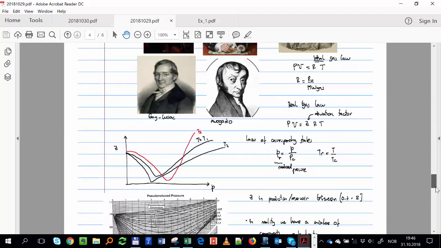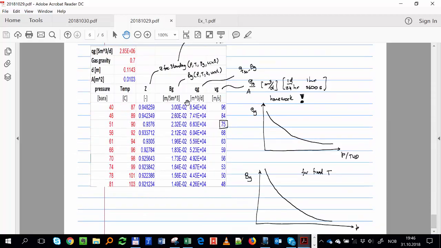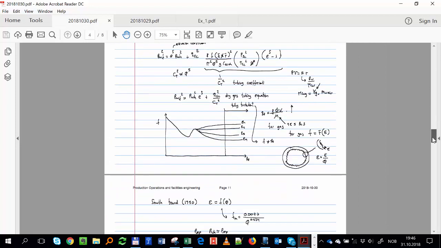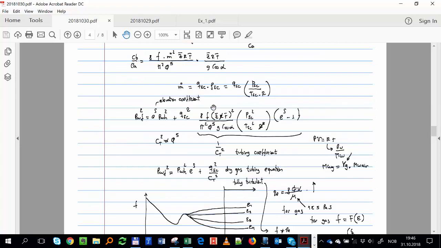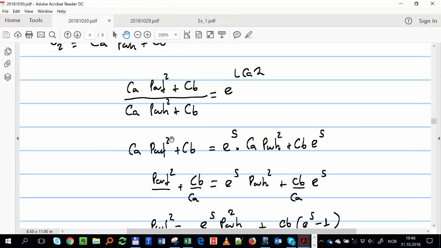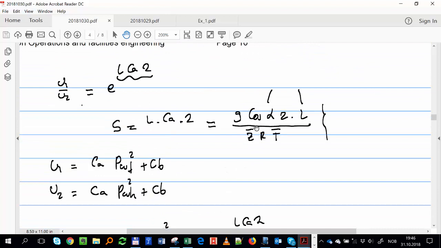If you remember the definition of CT, it was this one. You had the inclination angle, the diameter of the tubing, the friction factor, and the average Z and average T. And the definition of S is here. So you also need the average Z and T and the length.